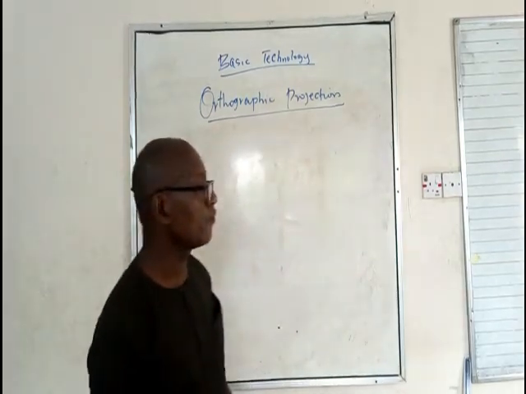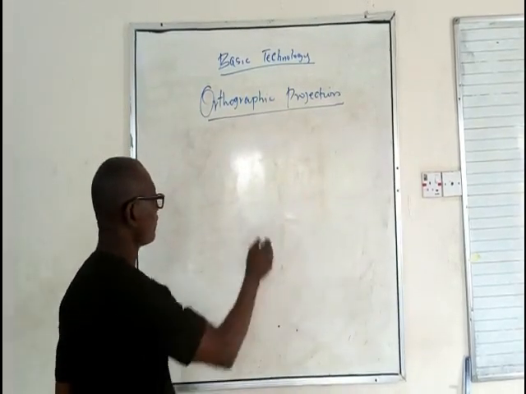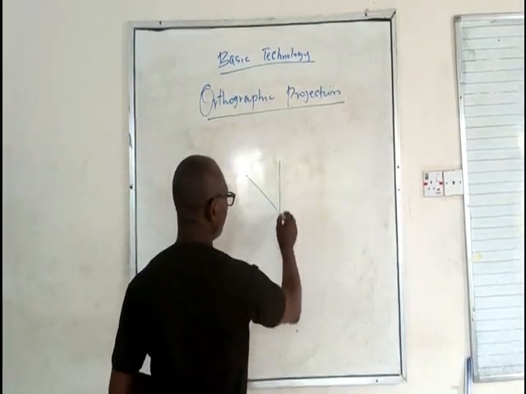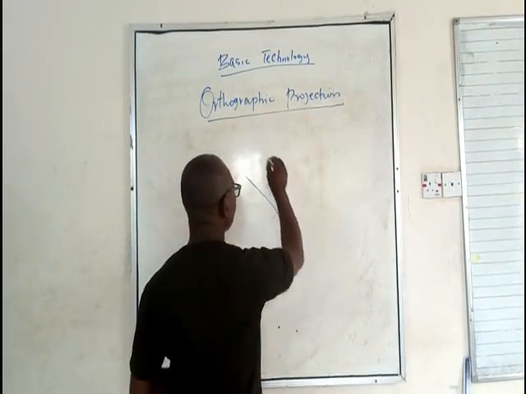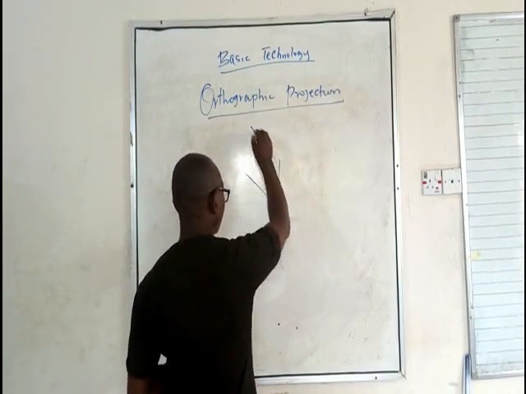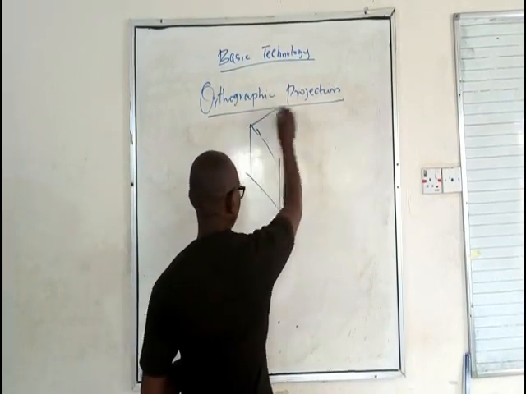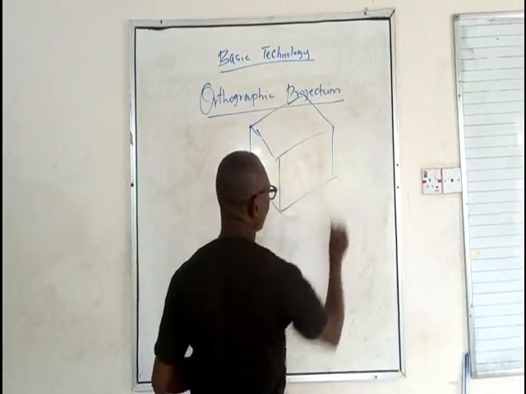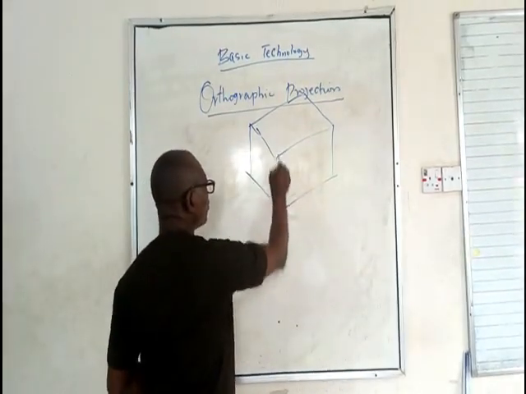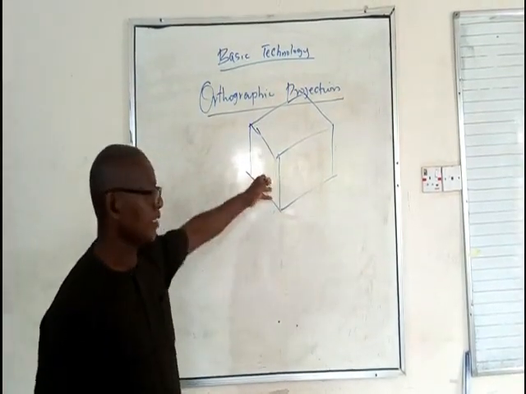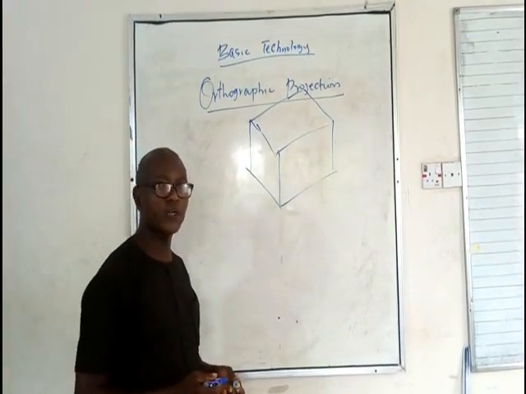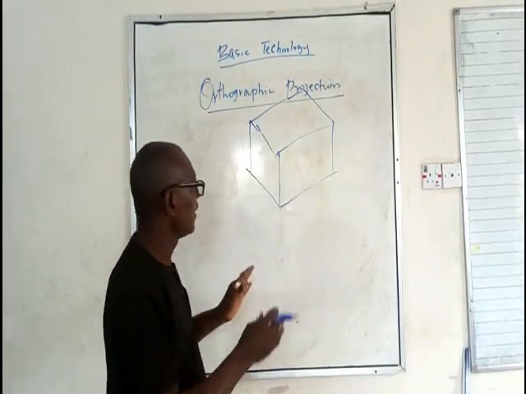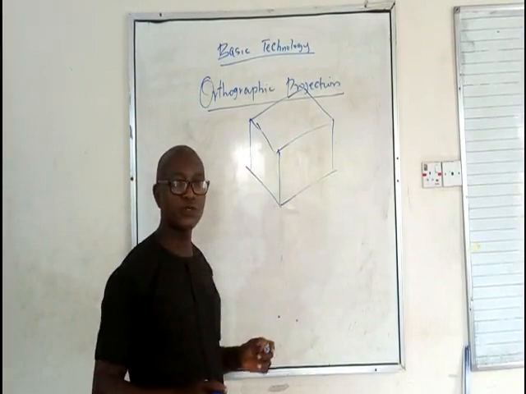For example, if you have a box, this box is being drawn using isometric drawing, which is one of the pictorial drawings. So if we are to put this box in orthographic projections, it therefore means that we take different views of this object.